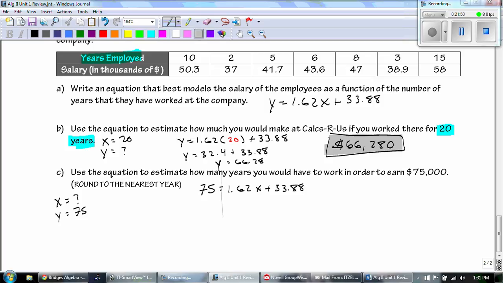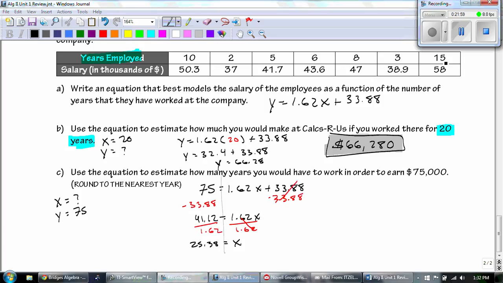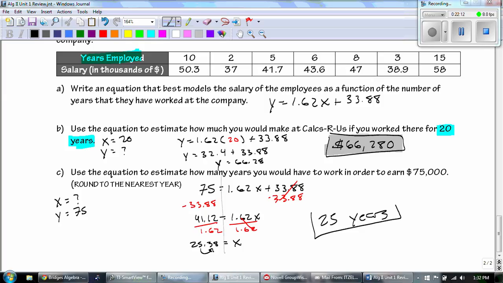Go ahead and pause the video and solve that all on your own. Okay, and we get 25.38 equals x, and rounding that to the nearest year, the 3 actually tells me to stay the same, so that's right around 25 years.